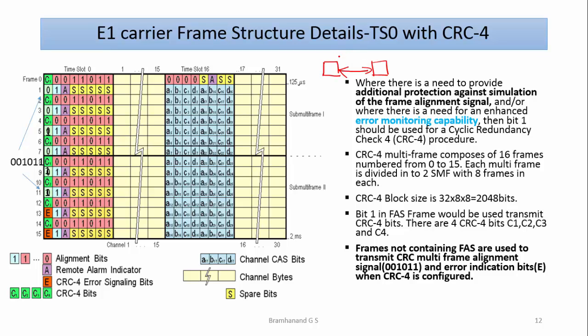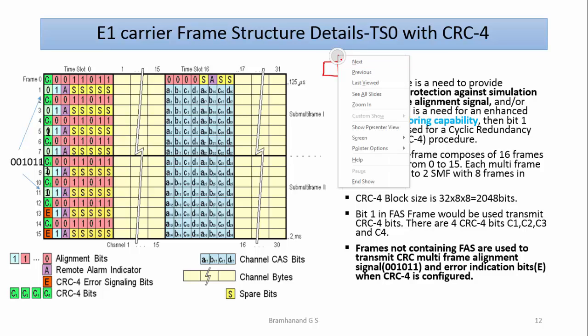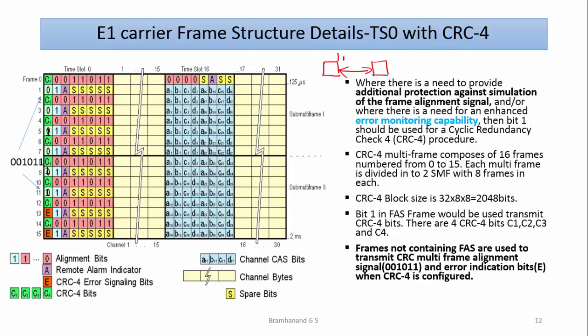what I do is, once a frame is built in the transmitter, I use a cyclic redundancy check. It means that I will do some multiplication, division, whatever is the remainder, I will put it in these cyclic redundancy 4 bits which are there in the bit number 1 of time slot 0.